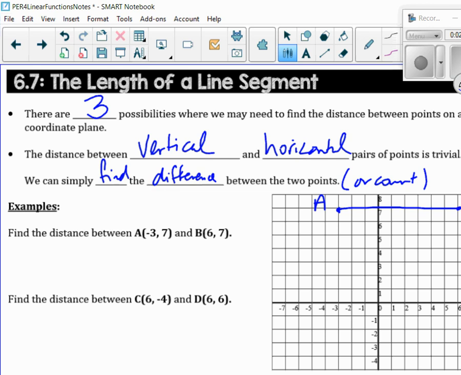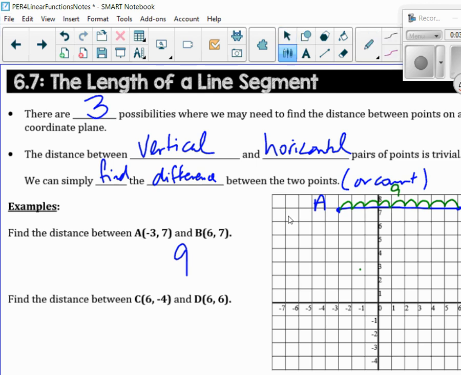So if they're a horizontal or a vertical line, all you have to do is find the difference between the two. Does everybody see, if I take 6 and subtract -3, what do I get? 9. What happens if I count it on the graph here? 1, 2, 3, 4, 5, 6, 7, 8, 9. Do you see it's a distance of 9? Pretty easy, yeah.